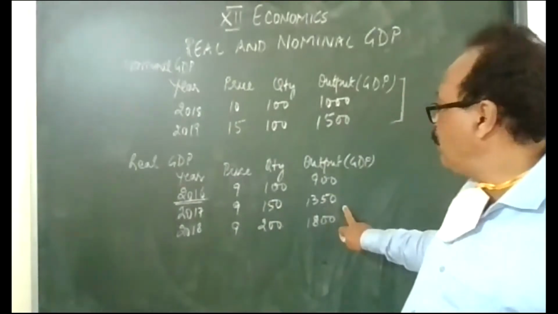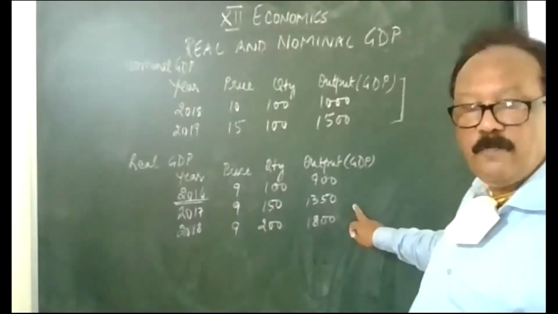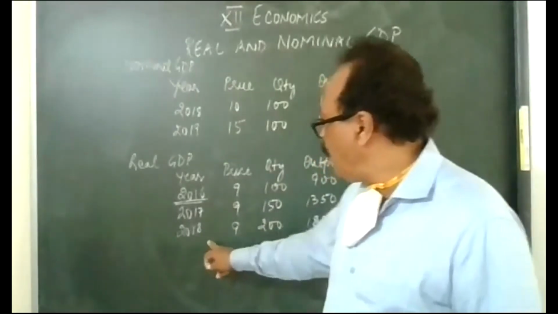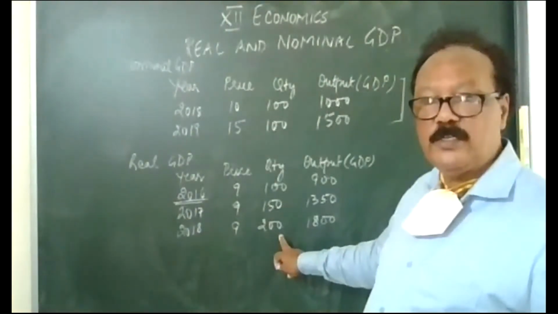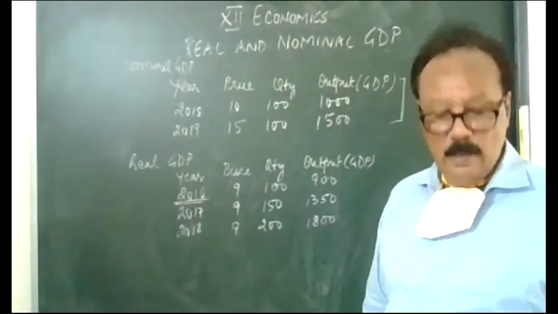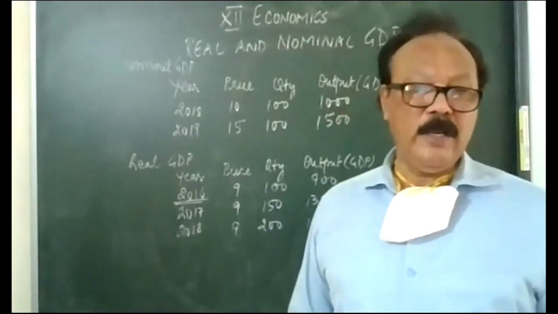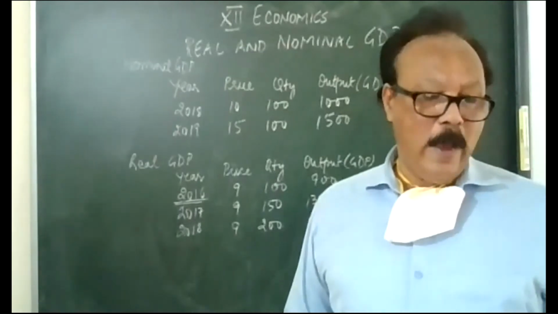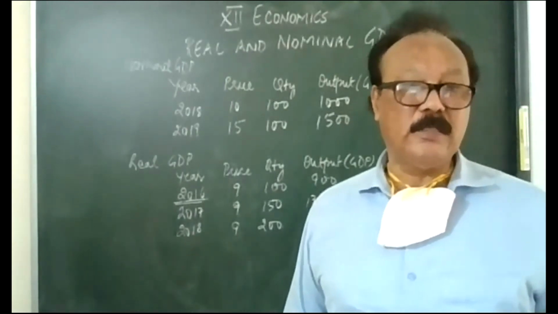Here the GDP also increases as the output increases, 115 times 9, 1350. Similarly, 2018, keeping the base year, quantity increases to 200, the GDP increases. So what do we see? Over here we see the GDP increases only when the quantity or the output of goods and services rise.